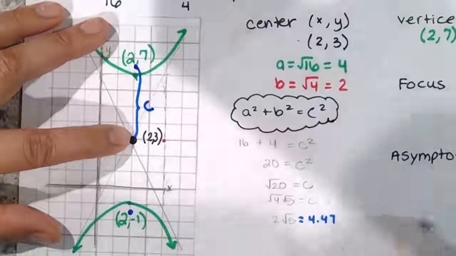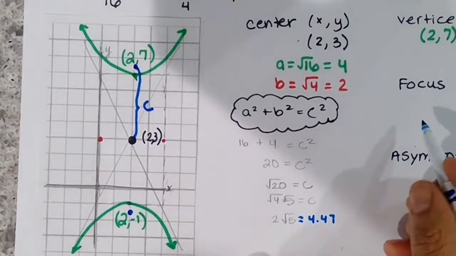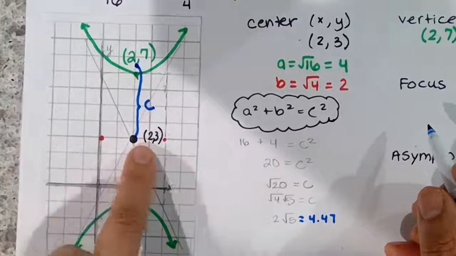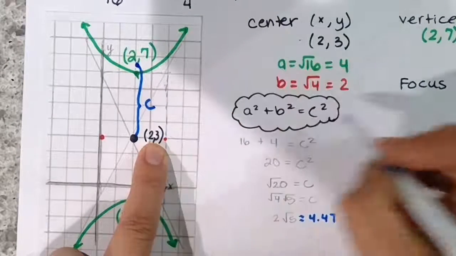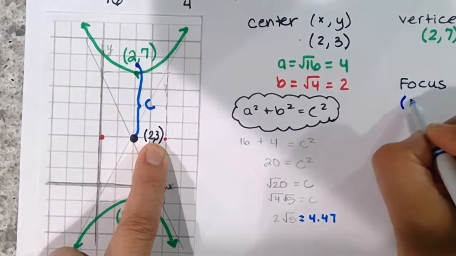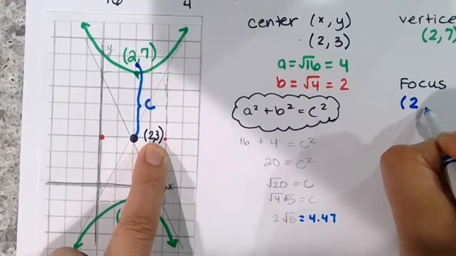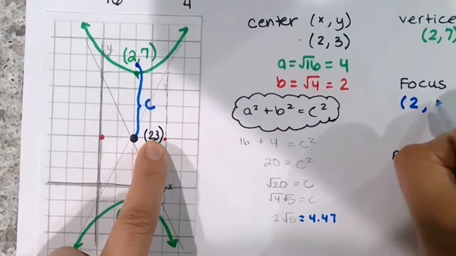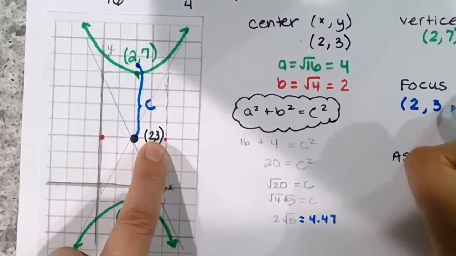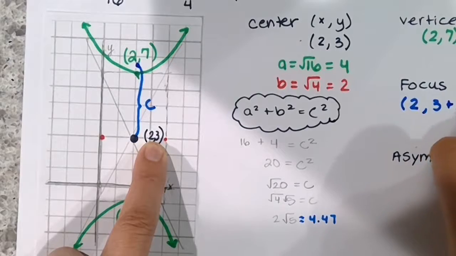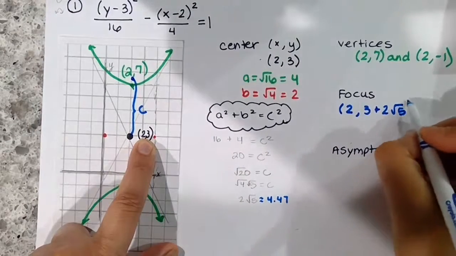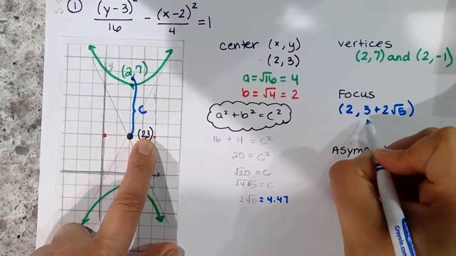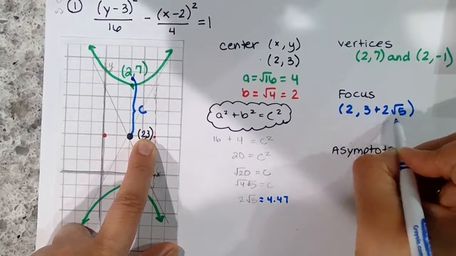That's your C value. So how do we write the coordinates for the focus point? Well, is it affecting your x value or your y value? Obviously affecting your y value. So your focus points are going to be 2 and then 3 plus 2 square root of 5, and the same thing, 2 comma 3 minus 2 square root of 5.